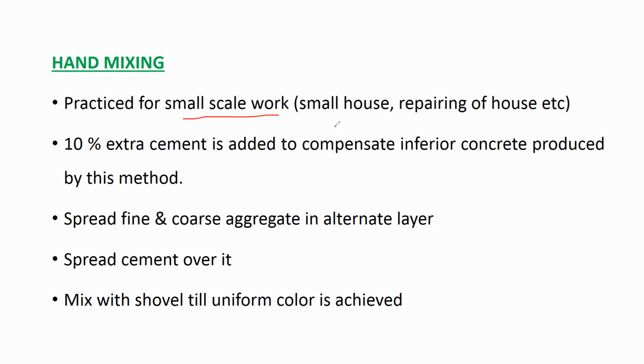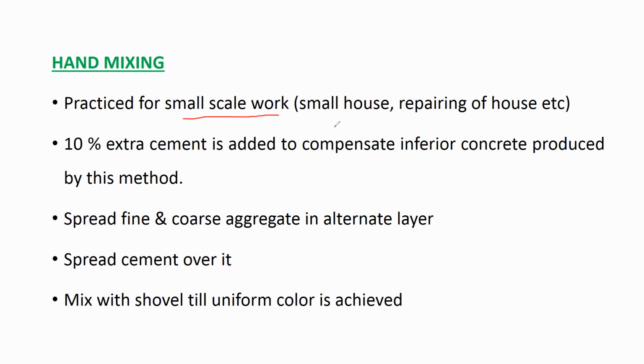So how do you have to mix it? You have to spread fine and coarse aggregate in alternate layers. First put a layer of fine aggregate, above that a layer of coarse aggregate, and then above that spread a layer of cement.